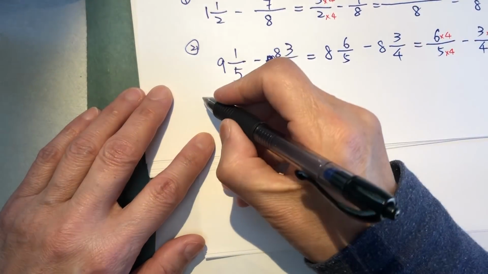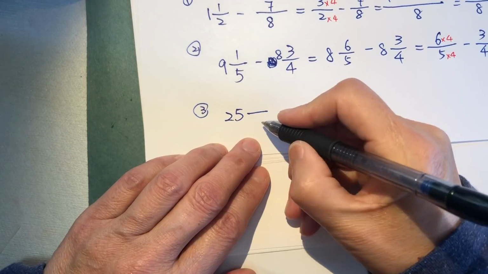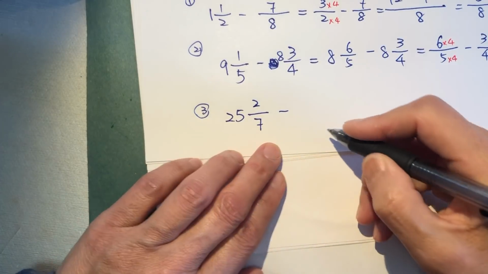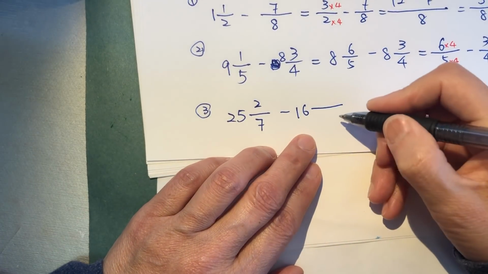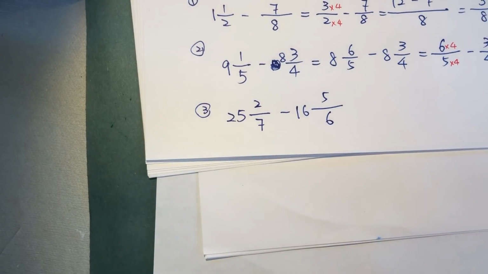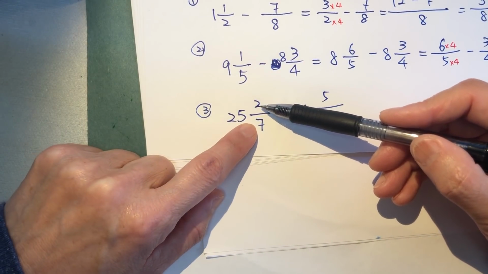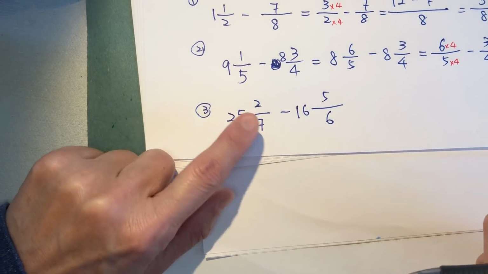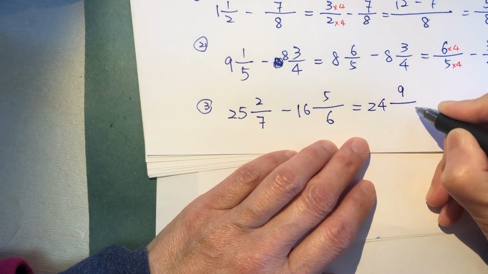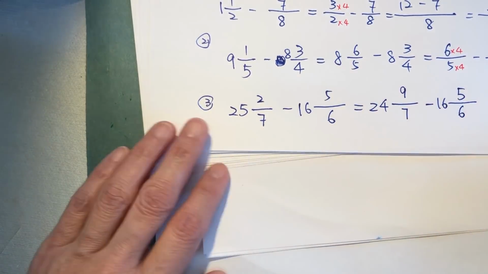Okay, the third problem is 25 and 2 over 7 minus 16 and 5 over 6. Okay, so we know 5 over 6 is bigger than 2 over 7. So we need to borrow. What do we do? 24 and 9 over 7 minus 16 and 5 over 6.